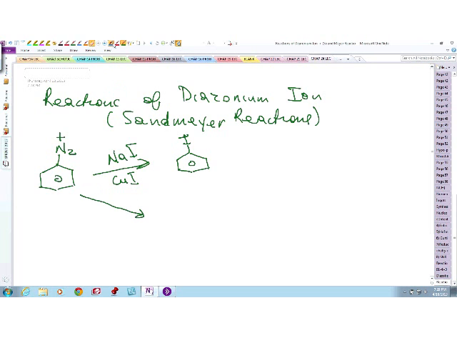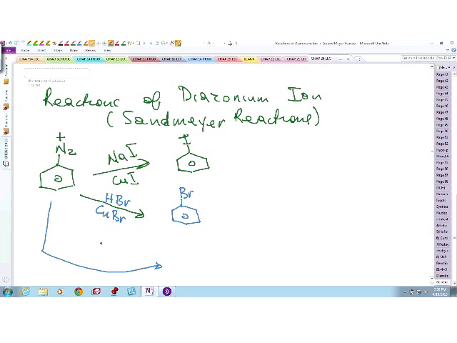Diazonium ion, you could react with HBr in the presence of copper 1 bromide. What do we get? So the next process here, we have now replaced the amino group with a bromine atom.